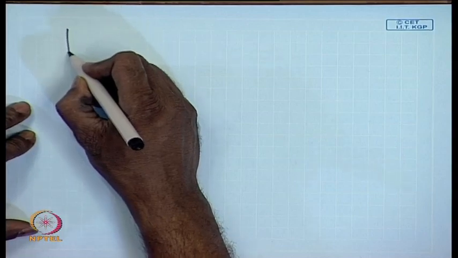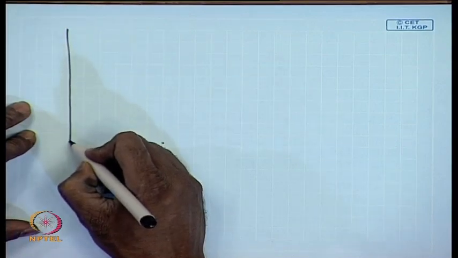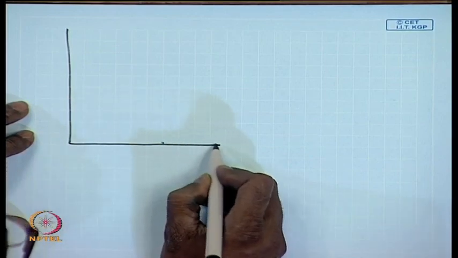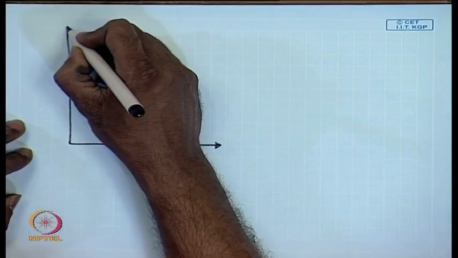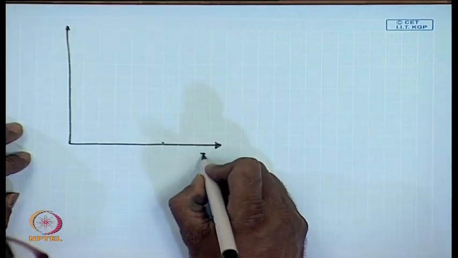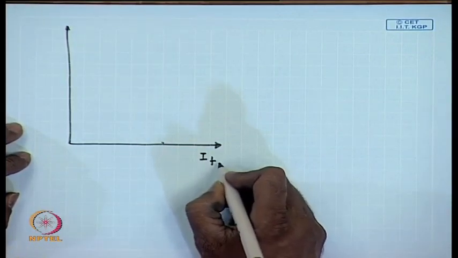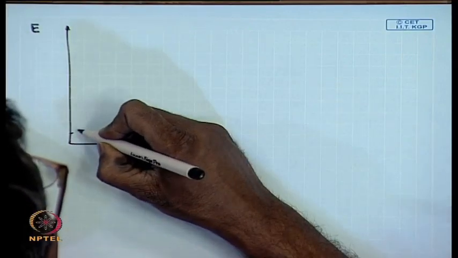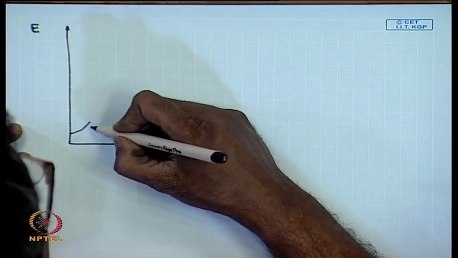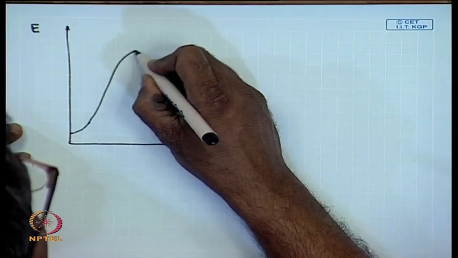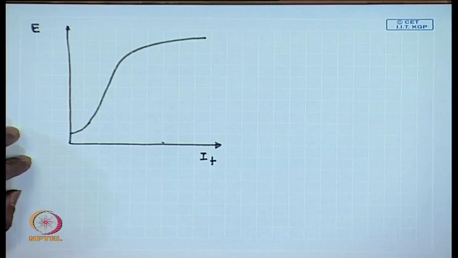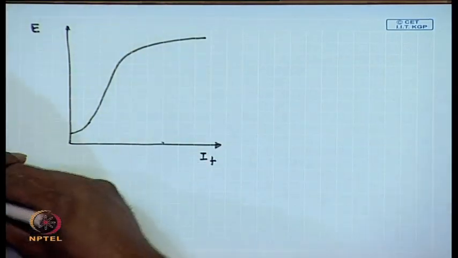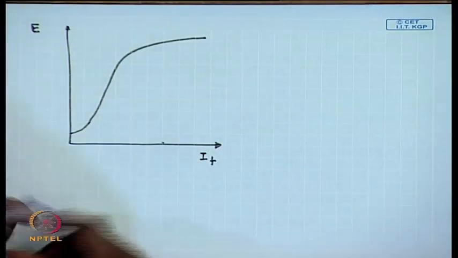Let us first draw the OCC of the generator. This is the generator OCC.